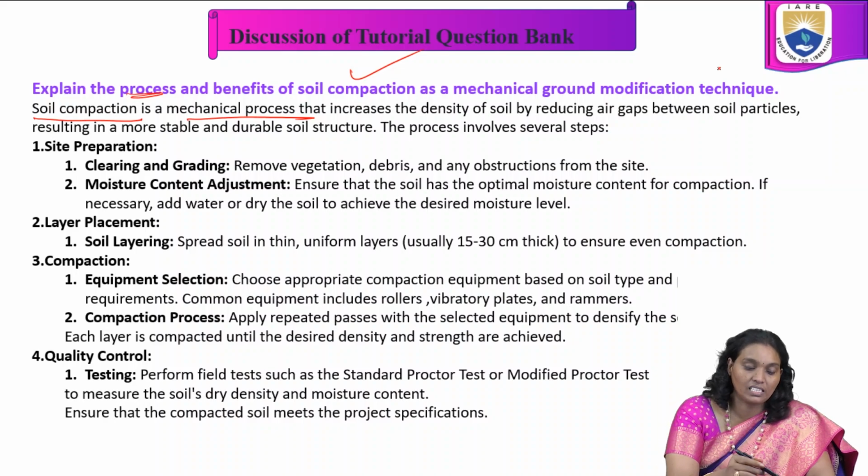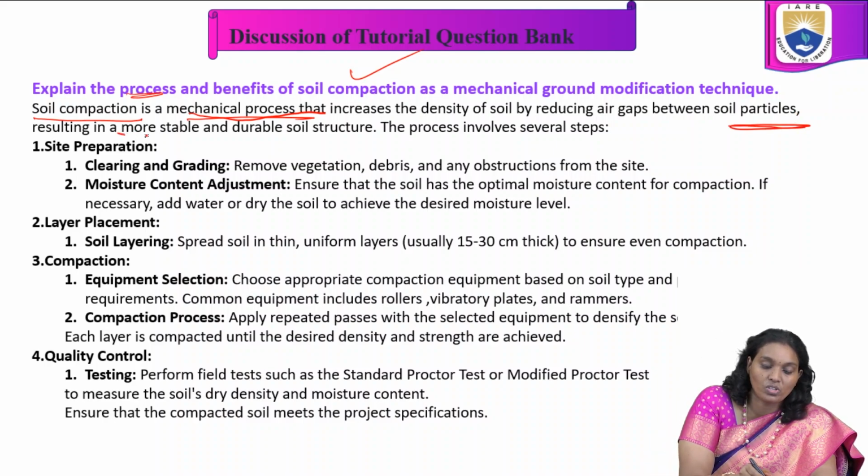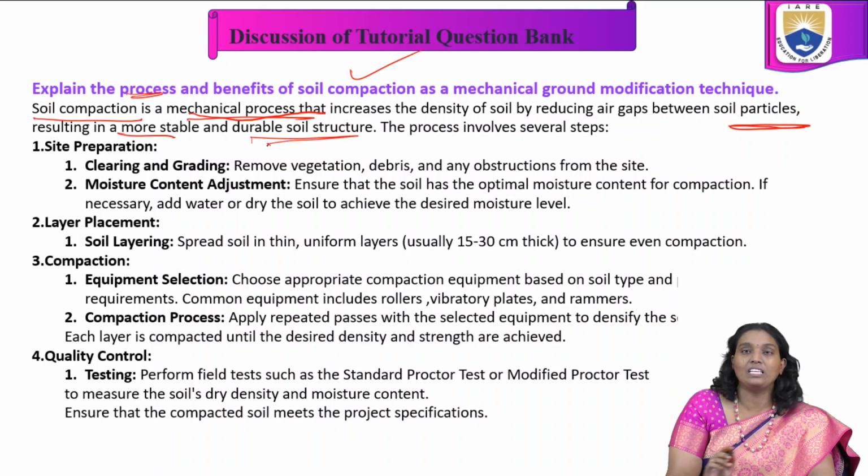Now the answer: soil compaction is a mechanical process that increases the density of soil by reducing air gaps between the soil particles, resulting in a more stable and durable soil structure.